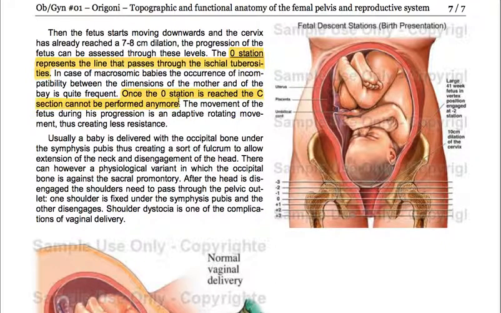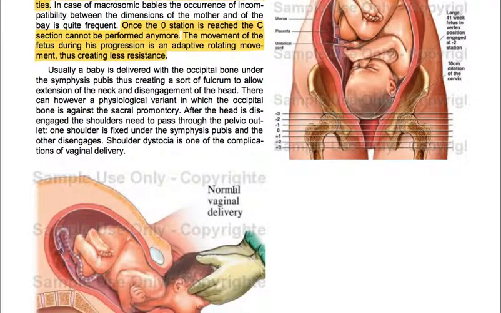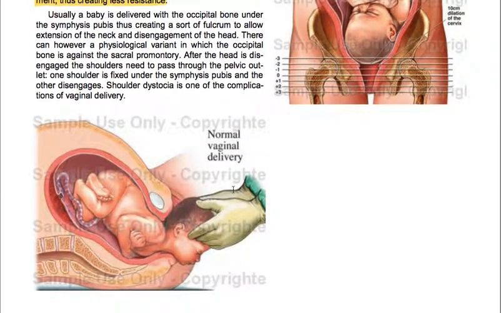The movement of the fetus during its progression is an adaptive rotating movement, thus creating less resistance. Usually a baby is delivered with the occipital bone under the symphysis pubis, thus creating a sort of fulcrum to allow extension of the neck and the disengagement of the head.